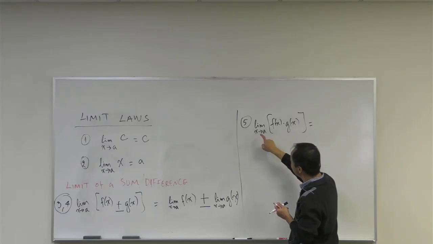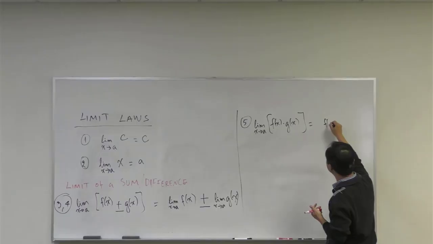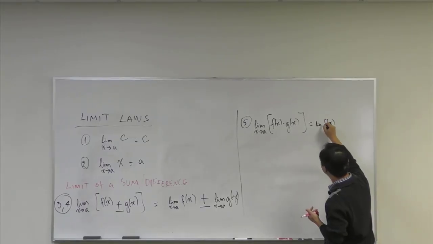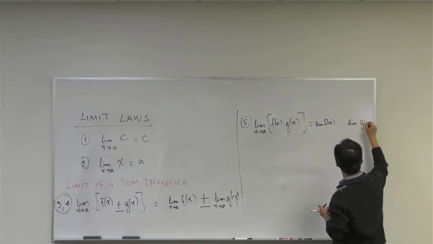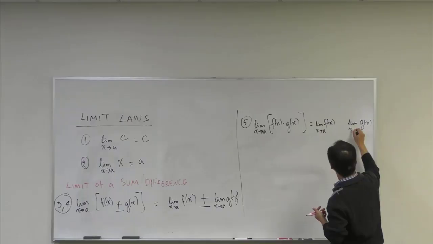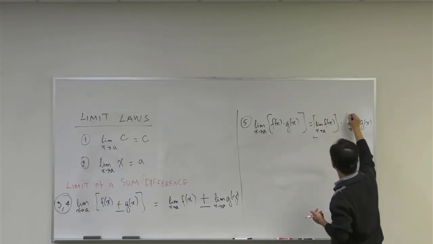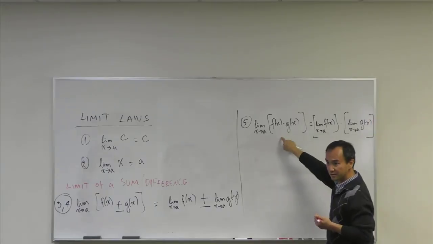Anytime you're taking limits of a product, you are allowed to find two separate limits, one for f and one for g. Then whatever they turn out to be, we multiply the two separate limit answers, and that's the answer to the limit of the original product.